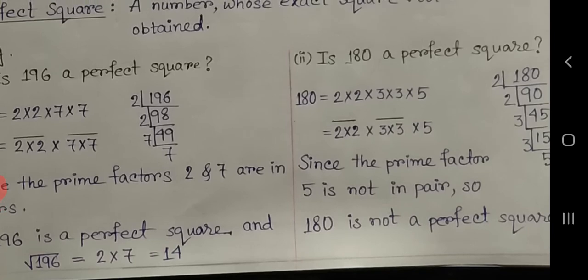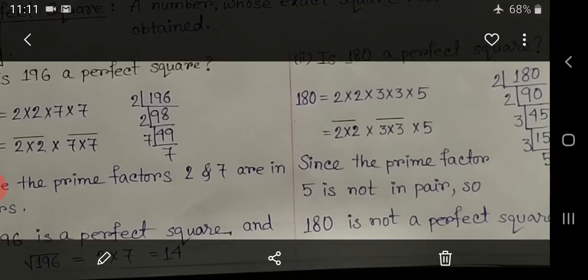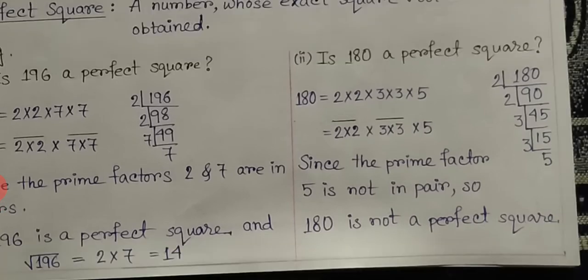Coming to the second example, is 180 a perfect square? Here you can see the factors of 180 are 2 into 2 into 3 into 3 into 5. Clearly the prime factors 2 and 3 are in pairs, but the prime factor 5 is not in pair.